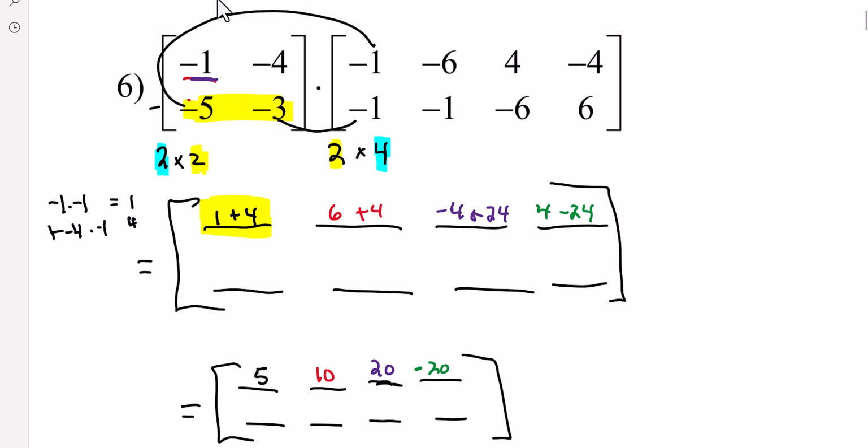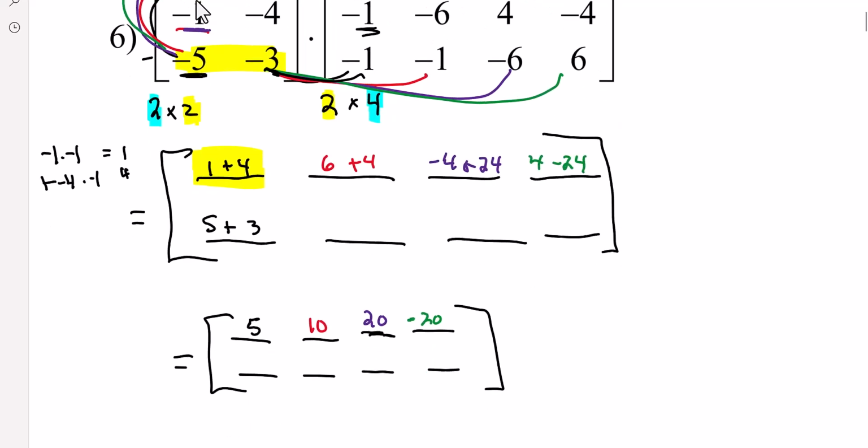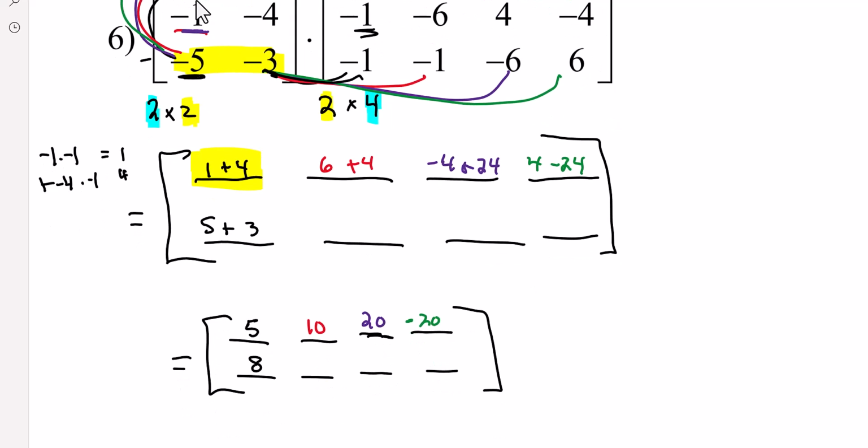You kind of get the idea. I'll erase all those arrows in a second. So -5 times -1 is 5, plus -3 times -1 is 3. Add those two together, you get 8.